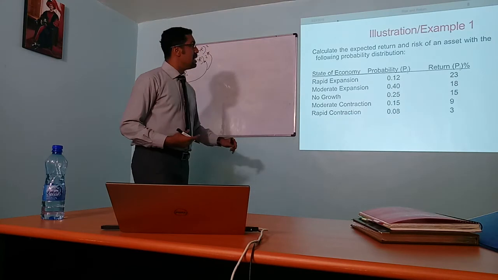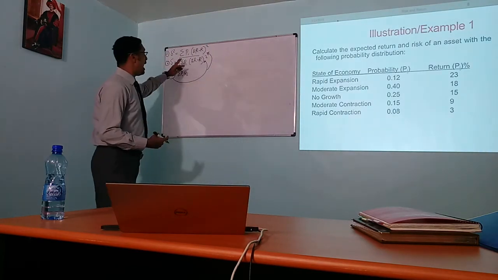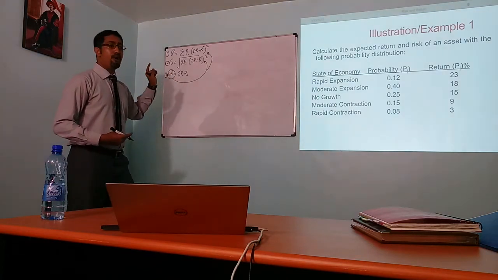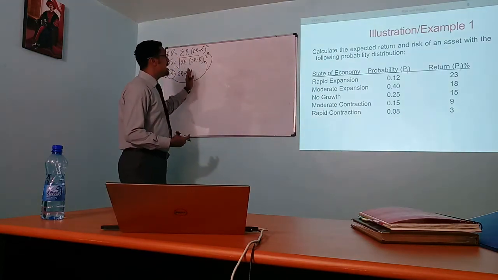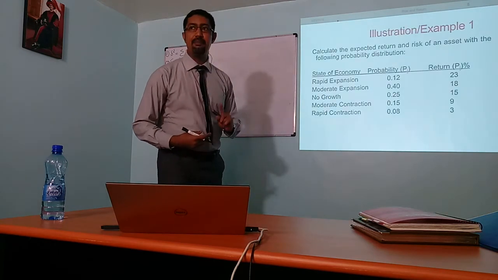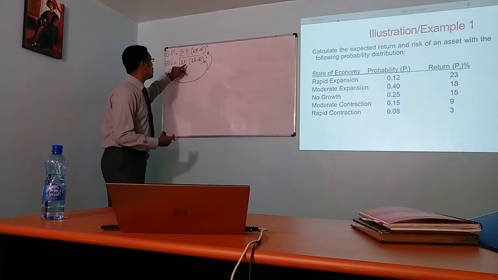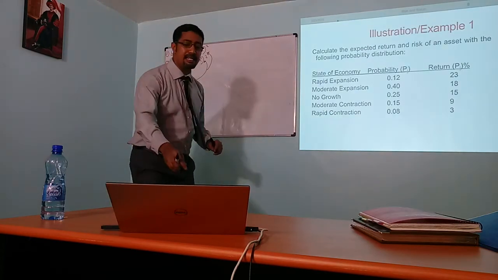Now, we said we have three formulas there. For you to calculate risk and return, the first step is to calculate return, because that expected mean return will help you to calculate the variance.